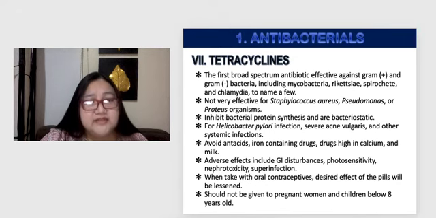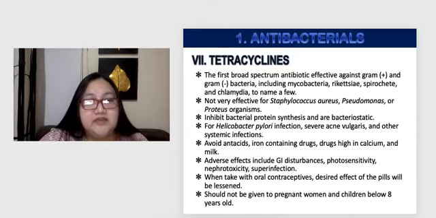Now, ang tetracycline, pwede siya for H. pylori infection. Okay? Si H. pylori infection is because of an infection by Helicobacter pylori. It's a bacterium in the stomach na nagkakaroon ng peptic ulcer.